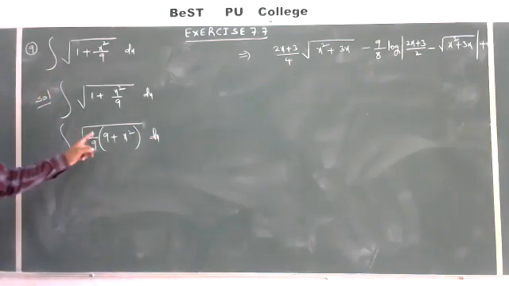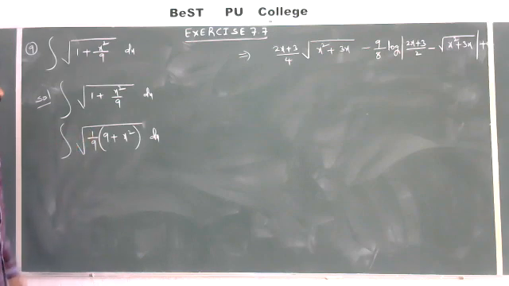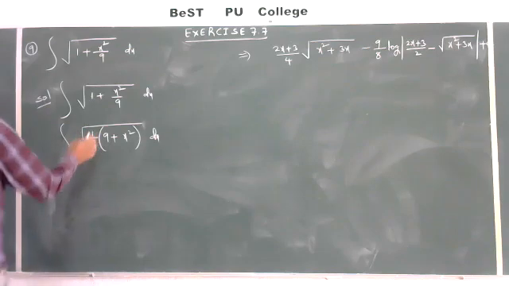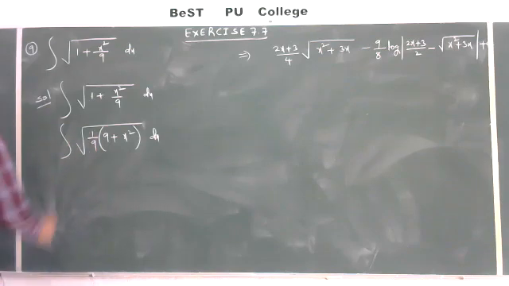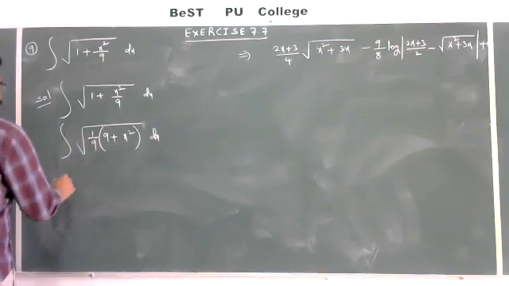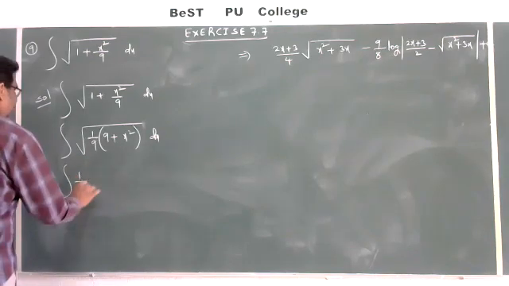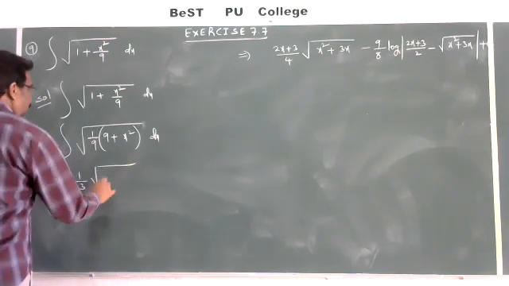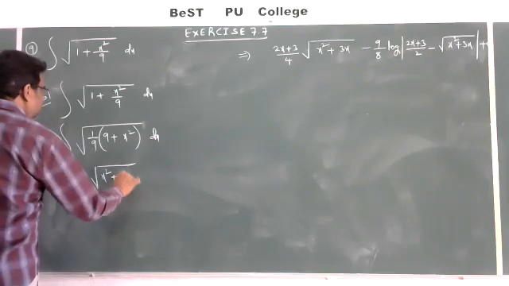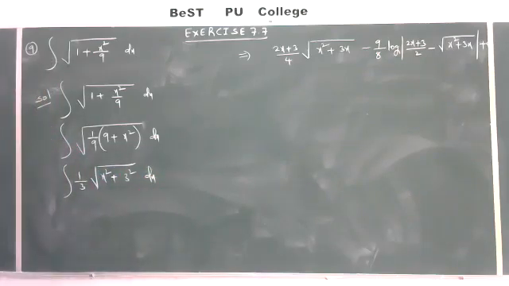Inside the root, 1 by 9 is common. In the bracket, you get 9 plus x square. You take 1 by 9 outside from the root, then you get integral 1 by 3 into root of x square plus 9, which is 3 square, dx.